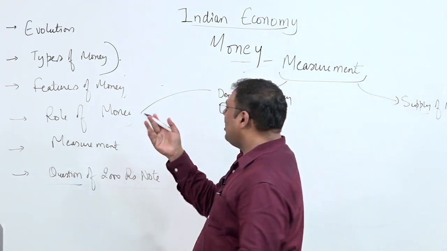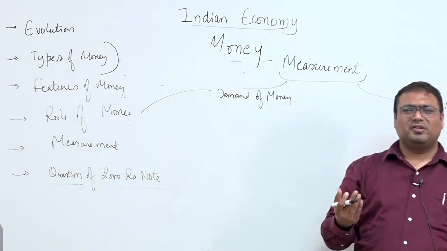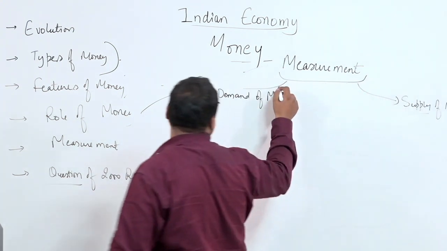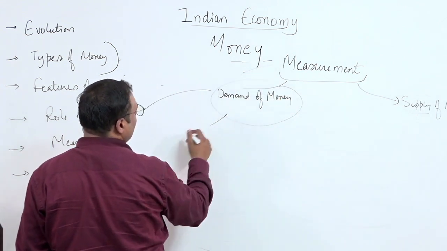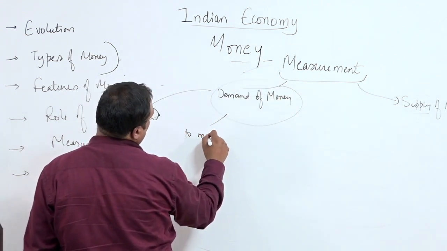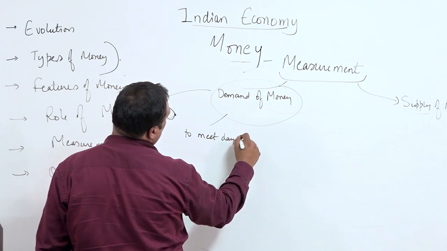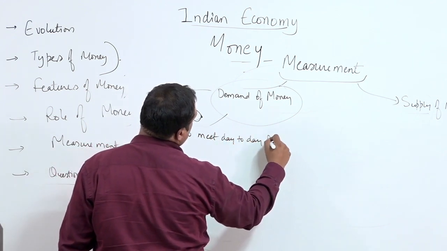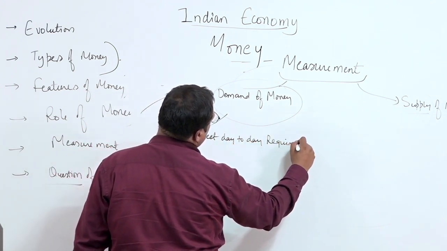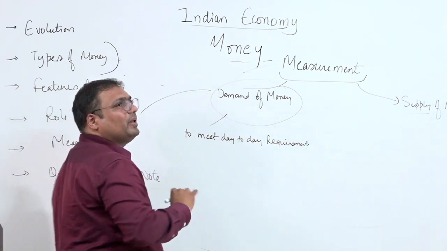So people demand money for what purposes? For transaction purposes, to meet their expenditures, to meet day-to-day requirements. This is the money you keep in your wallet.